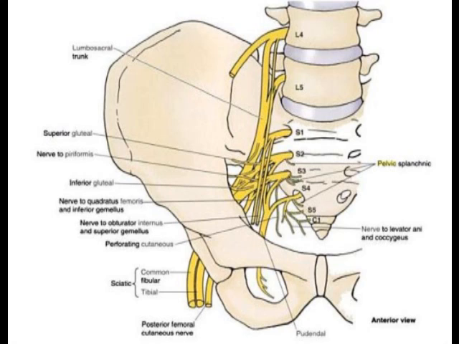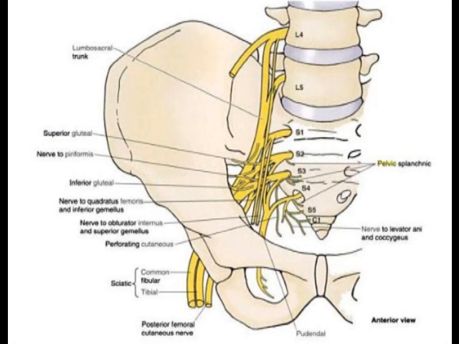Now L4 and L5, you can see the yellow nerves coming from them, and that's basically your femoral nerve. And you can see at the bottom there it says posterior femoral cutaneous nerve. So that comes all the way from the lumbar part of your back.